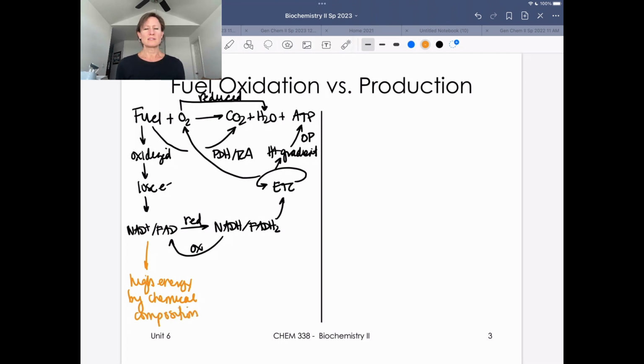And we'll see why this is important and relevant when we learn a little bit more about electron transport in chloroplasts. But basically, NADH and FADH2 holding onto those electrons are high energy molecules. And in doing so, they are able to go through the electron transport chain and use that energy to pump that proton gradient.